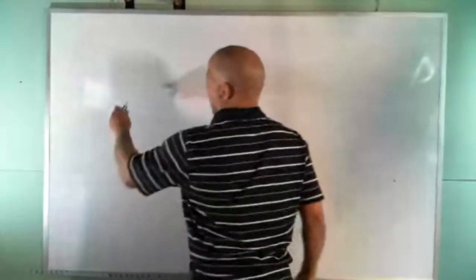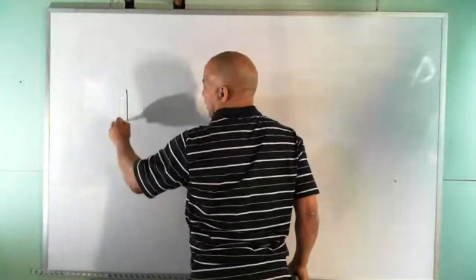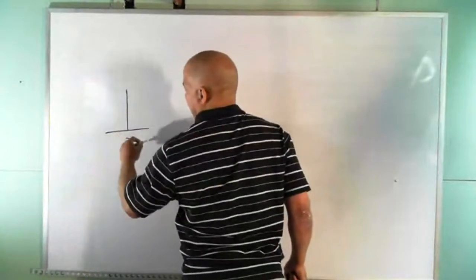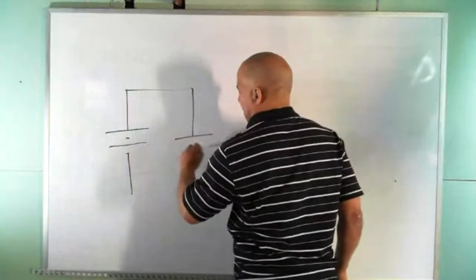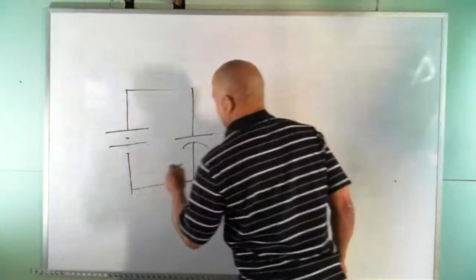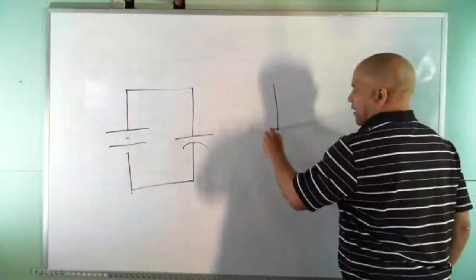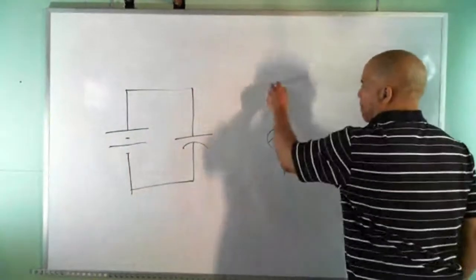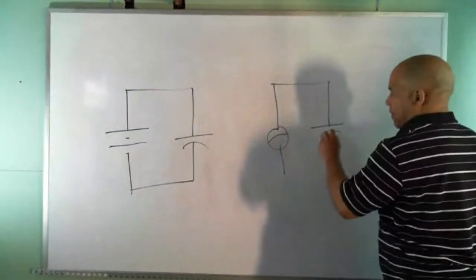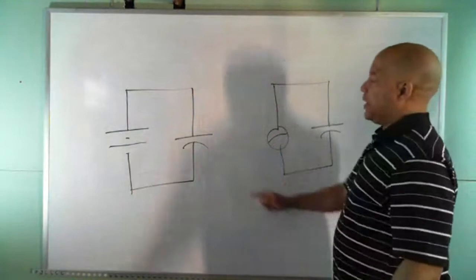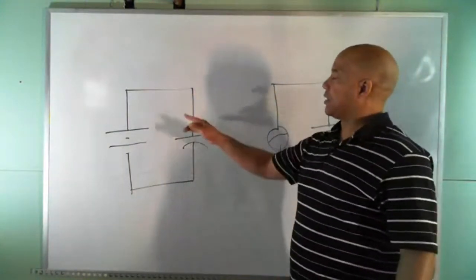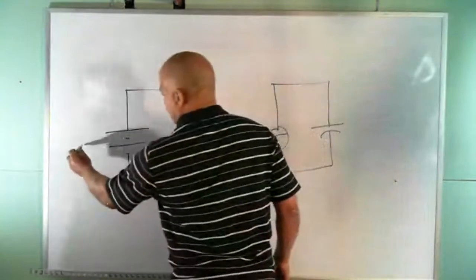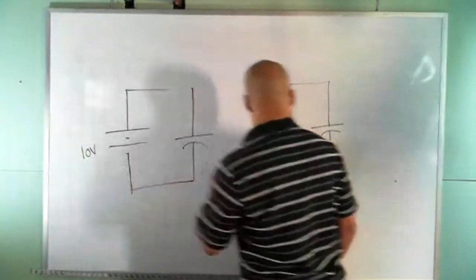First, let me point out two things. If I have a capacitor in a DC circuit, and I have a capacitor in an AC circuit, these two circuits are going to behave totally differently. In the DC circuit, let's say I have 10 volts.